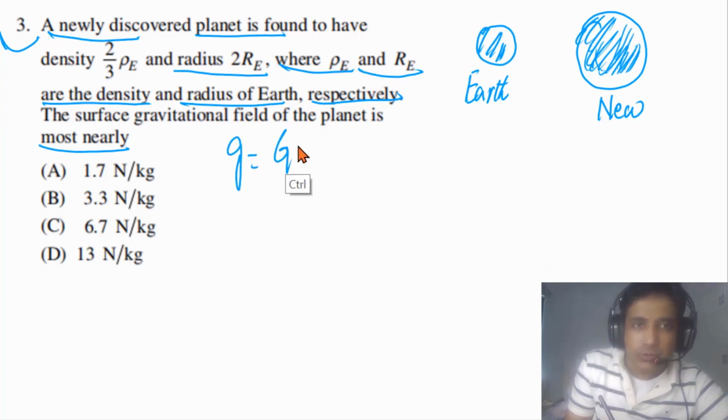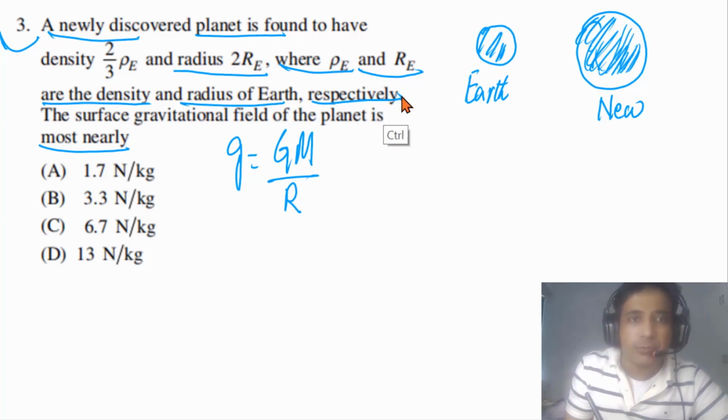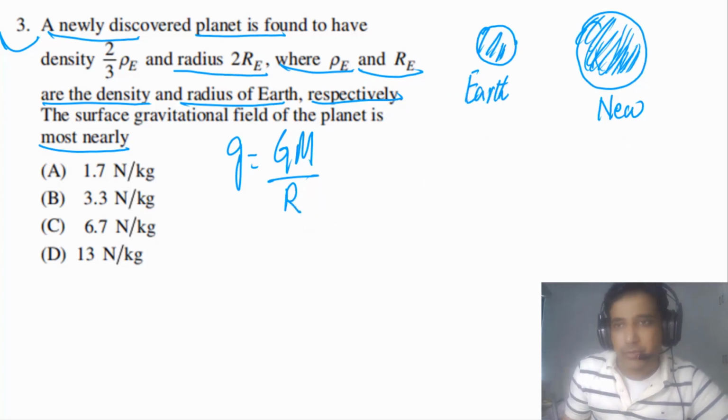This is equal to capital G M over r squared, meaning the distance from the center of the planet to a point. Here we are only talking about the surface, so r is the radius.